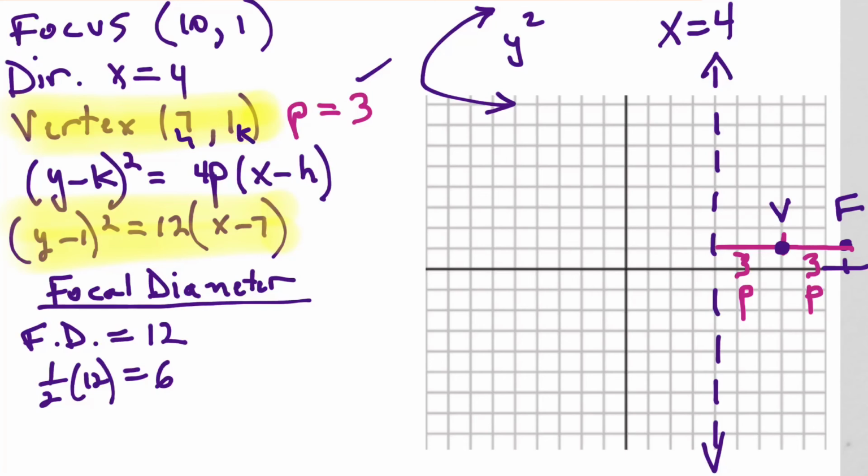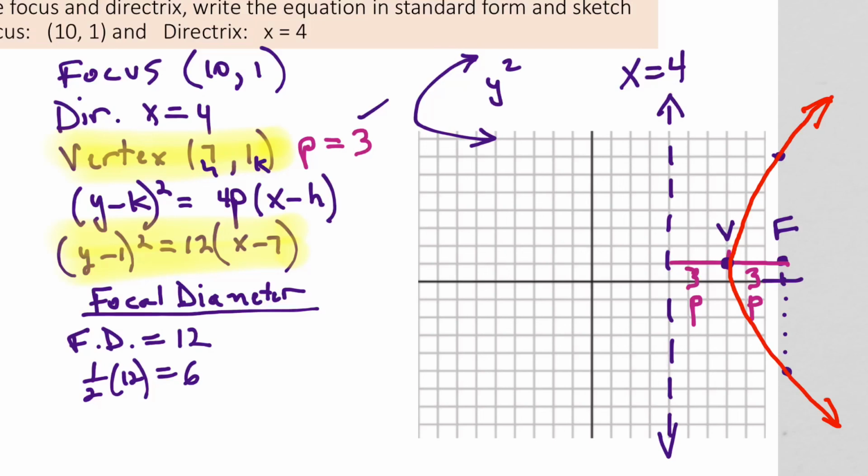So we need to go up 6 from my focus, 1, 2, 3, 4, 5, 6, and then down 6, 1, 2, 3, 4, 5, 6. And then we'll go ahead and sketch it in. All right, so there is my sketch. Okay, so we've answered everything that we needed to do here.